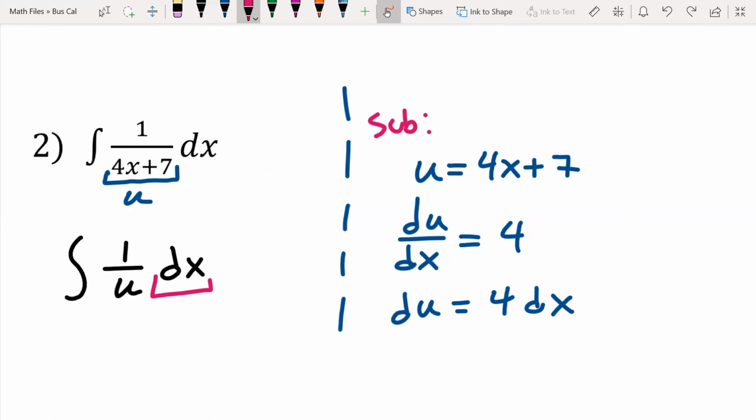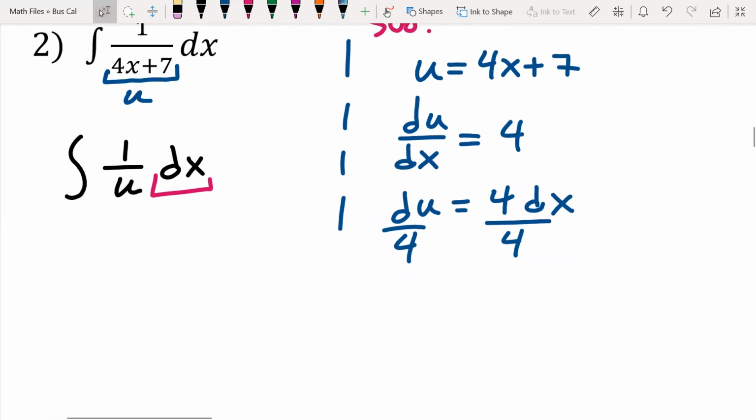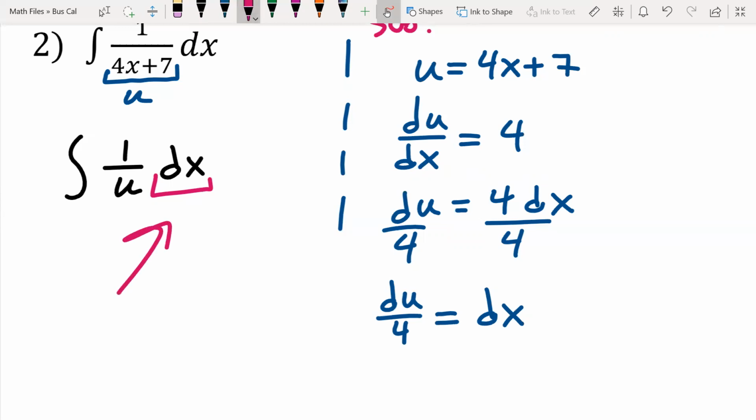So that means all I'm going to do here is divide by 4. And you get du over 4 equal to dx. And now this dx and this dx match up. This means that this dx will now become du over 4.